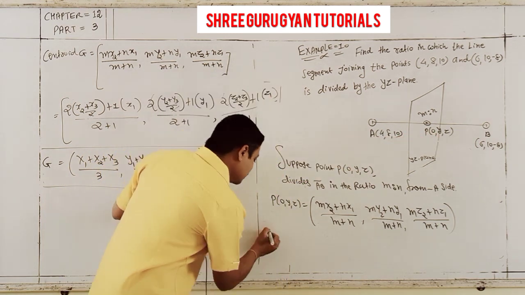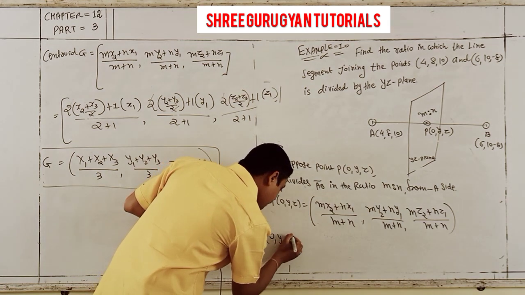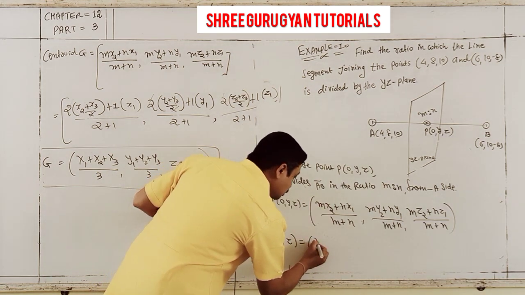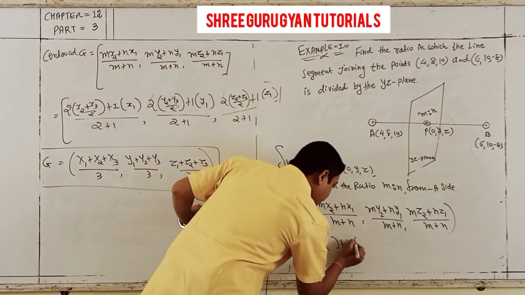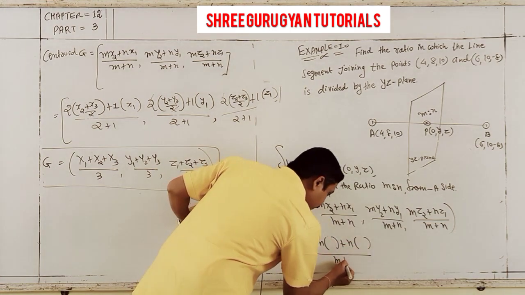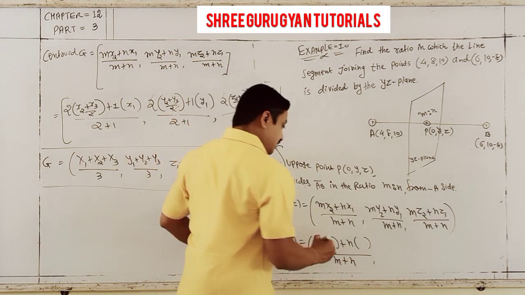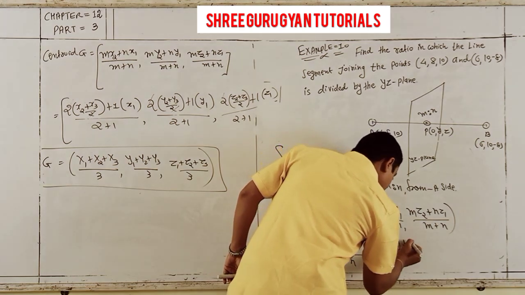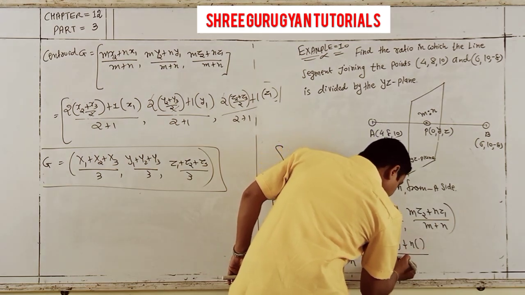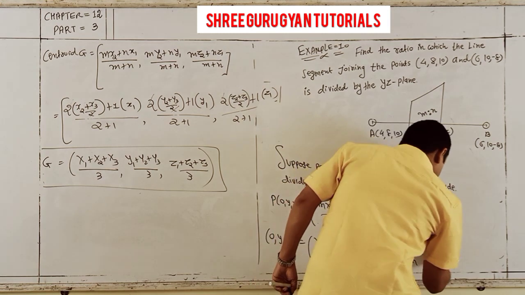So my x value is 0. The ratio m:n is unknown, so m bracket, n bracket, by m plus n. Similarly, second time, and similarly third time.